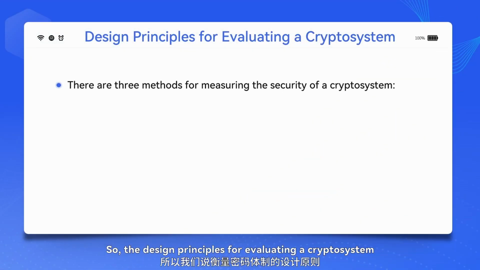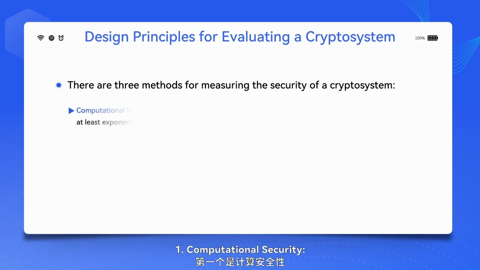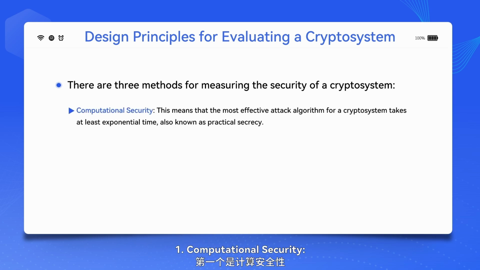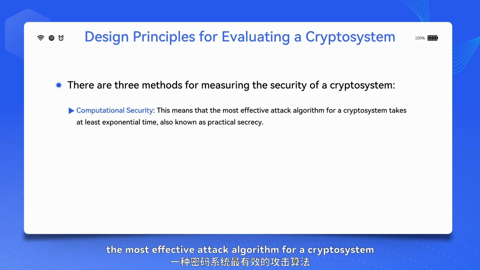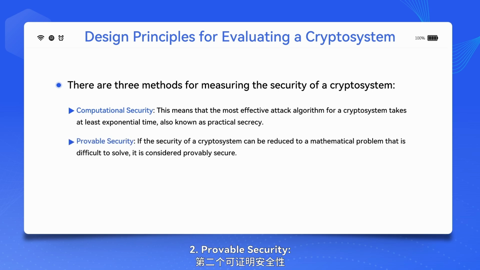So, the design principles for evaluating a cryptosystem mainly include the following aspects. 1. Computational security. This means that the most effective attack algorithm for a cryptosystem takes at least exponential time, also known as practical secrecy. 2. Provable security.